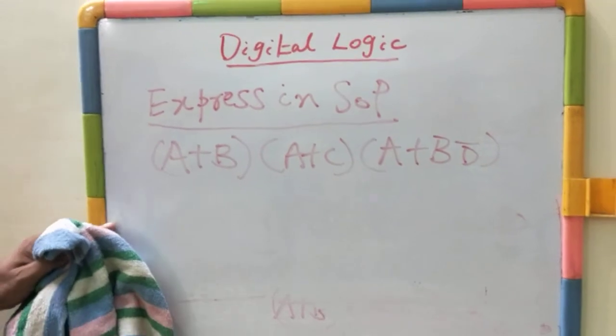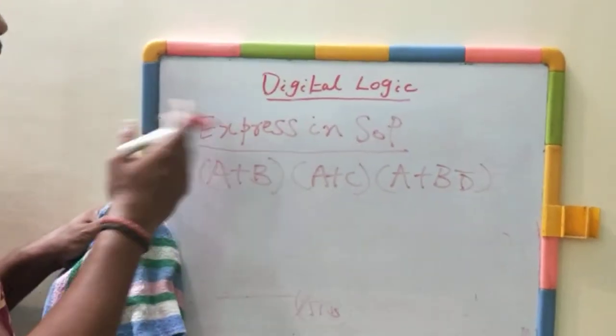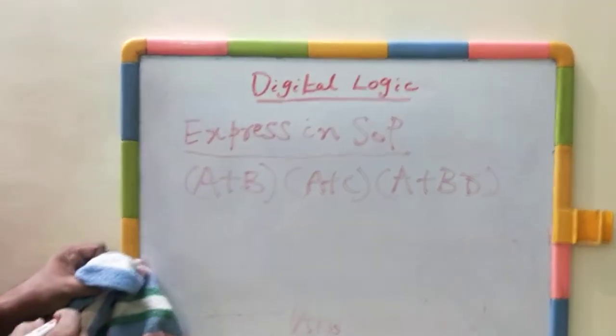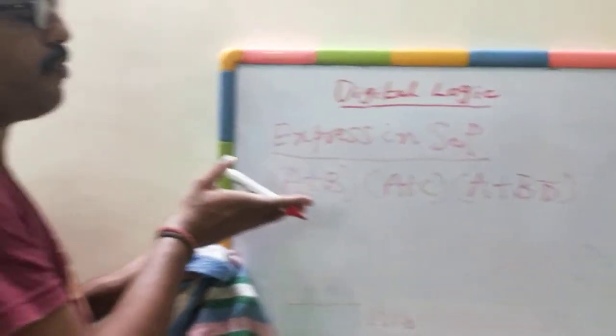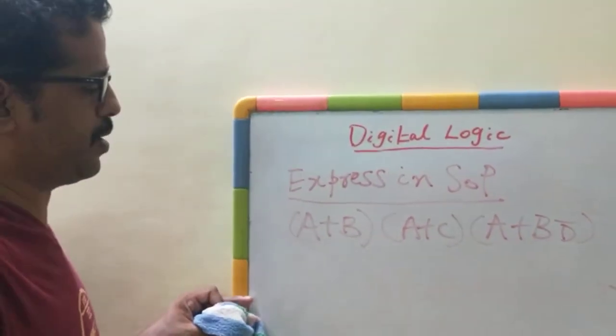Okay, so this is the given expression. We are asked to express this expression in sum of products, that is, we are going to find an equivalent expression for this in the form of sum of products.